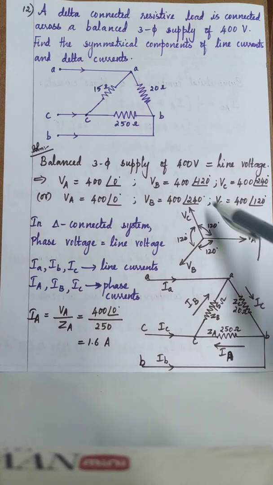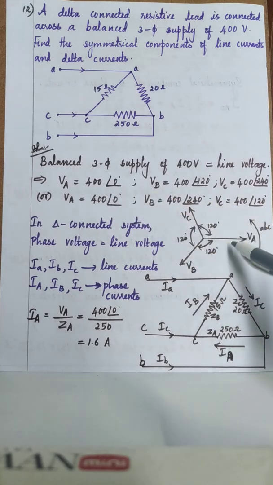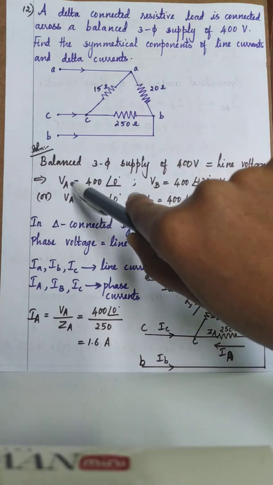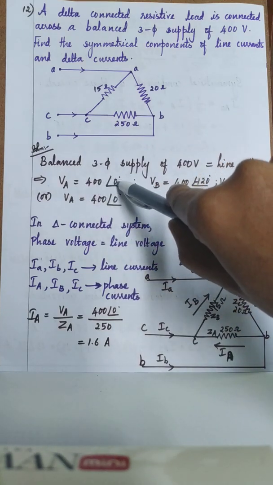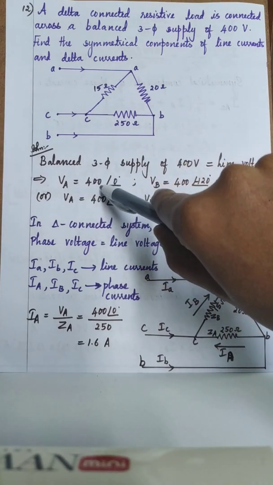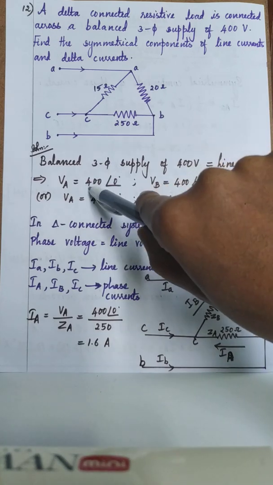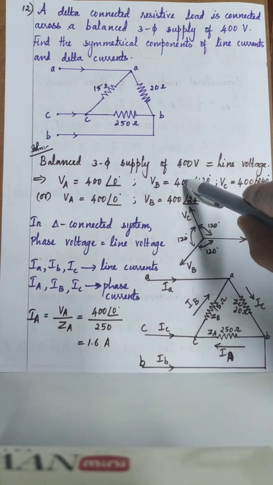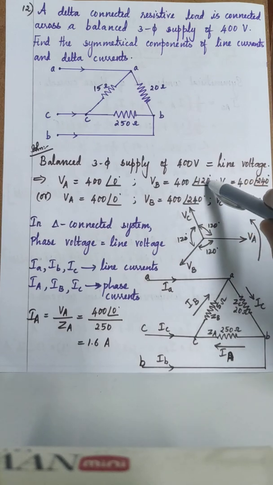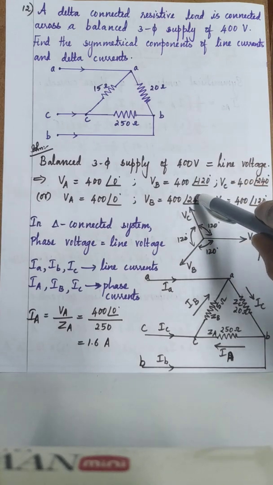By considering VA as a reference vector, V capital A is equal to 400 angle 0, line voltage. V capital B is 400 angle minus 120 degree or plus 240 degree.